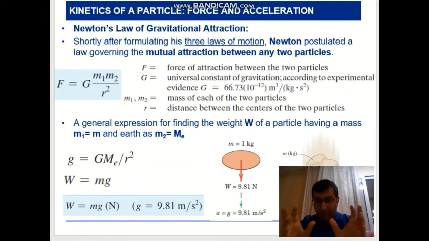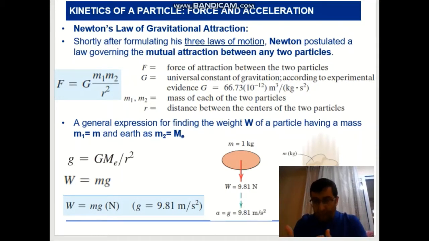If there are two very small particles, they attract or repel each other, and it's stated mathematically as F equal to capital G m1 multiplied by m2 over r square, where F is the force of attraction between these two particles, G is the universal constant of gravitation, m1 and m2 are the masses of the different objects or particles, and r square is the distance between these two particles' centers.